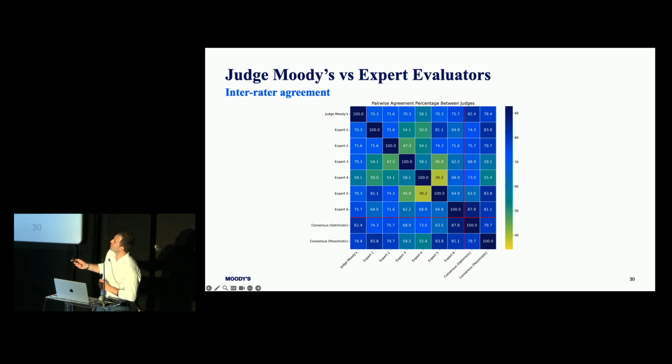And the judges all agree more with a consensus judgment than they do with any other individual rater. I didn't put the Fleiss Kappa scores on here, but when you do inter-rater agreement, you only get moderate agreement, which makes sense, but then you get higher agreement with a consensus judgment, which I thought was interesting. And Judge Moody's agreed more with a consensus judgment than any individual rater, except for 6. They're a language model, clearly.